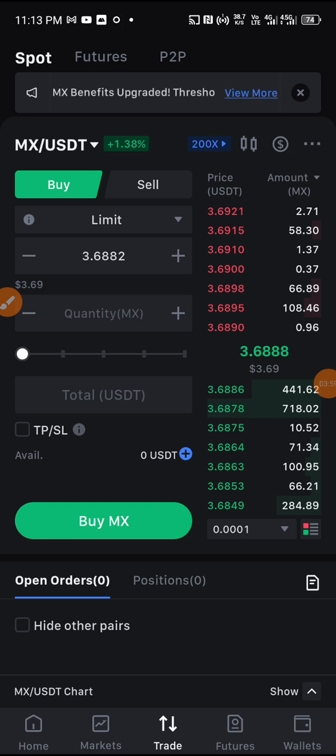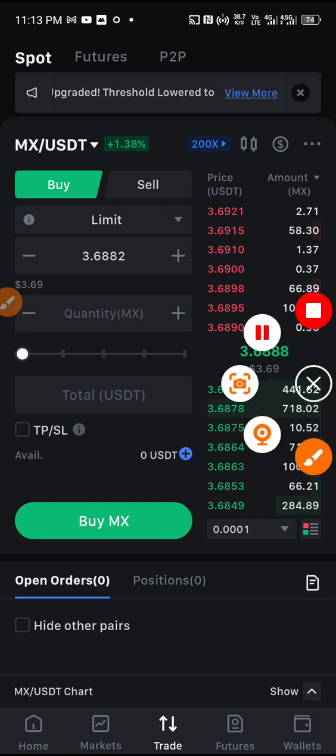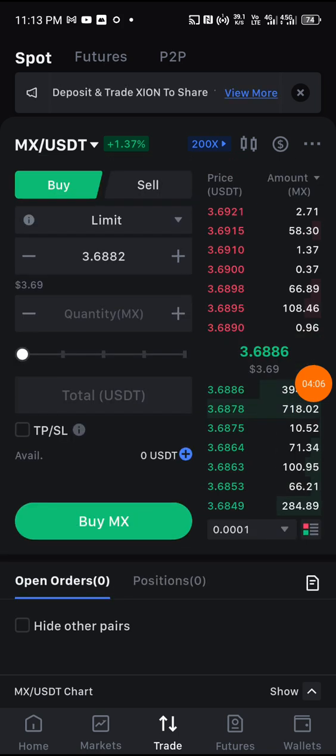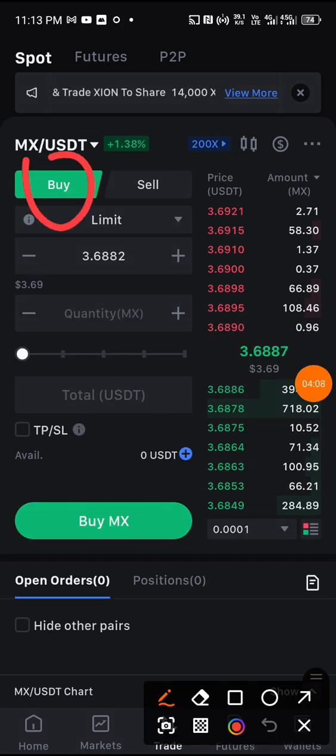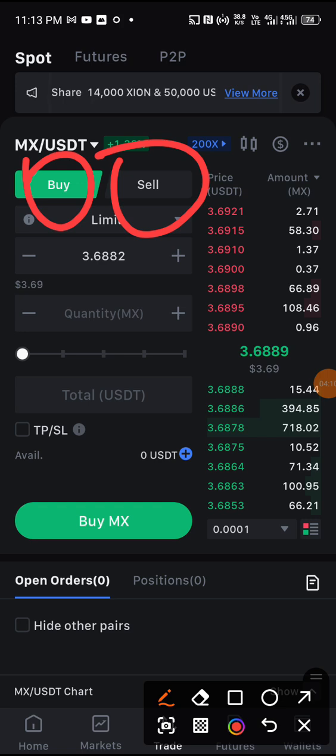How can you trade on MEXC? You can come to this place to click on buy if you wish to buy, and click on sell if you wish to sell. You can only buy when you don't have the coin yet, or you can have the coin and also choose to buy more. You can come to this place to click on sell.